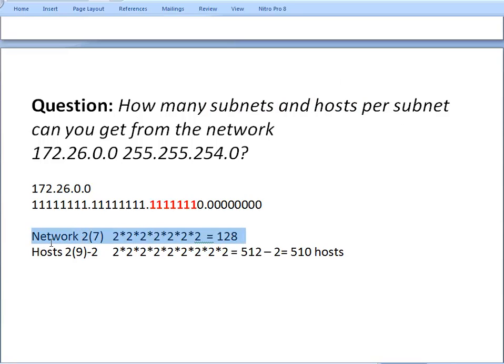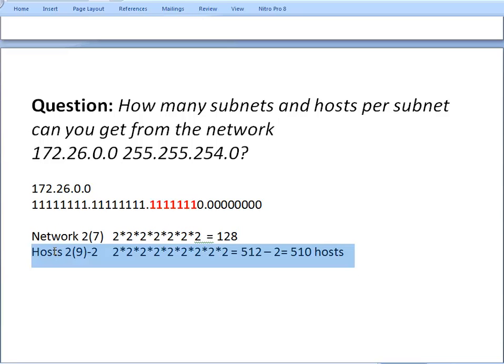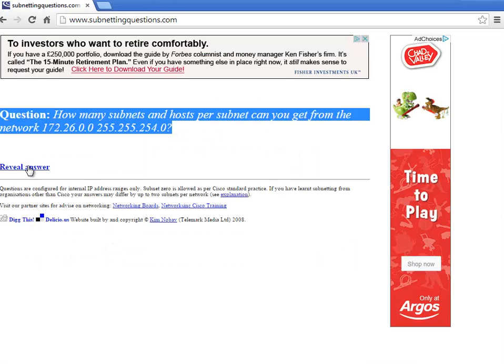Well, we can have 128 subnets or networks, and each subnet will have 510 hosts. Excellent. Again, with this kind of different question, you just have to try them both.